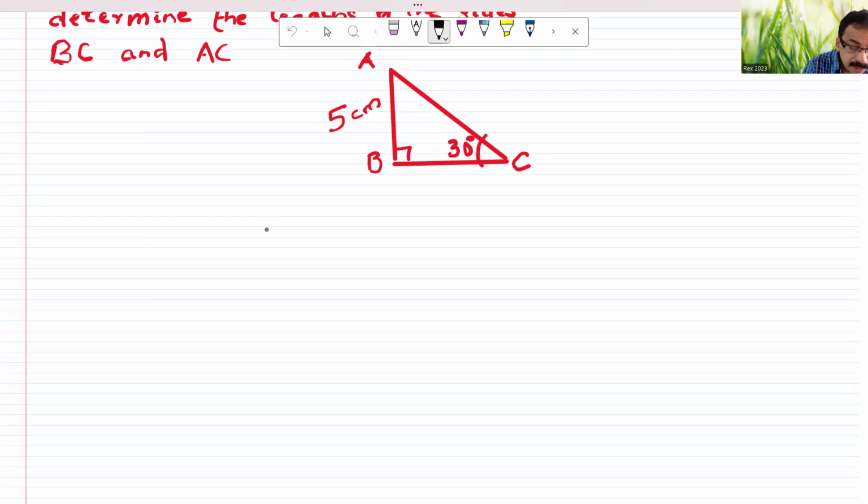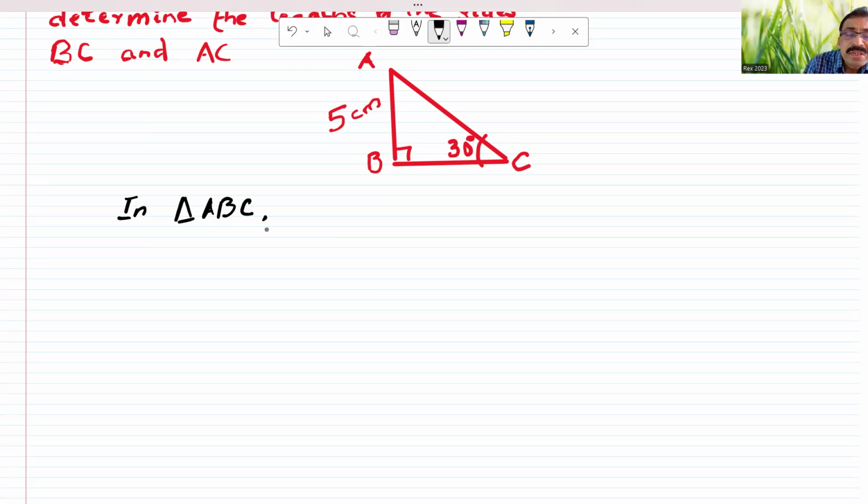So in triangle ABC, which is right angled at B, you know that.